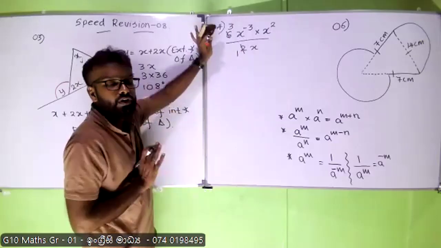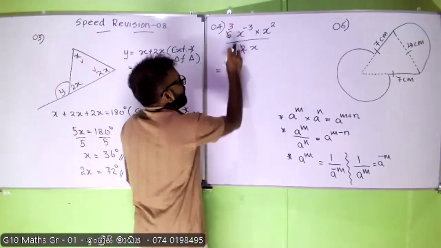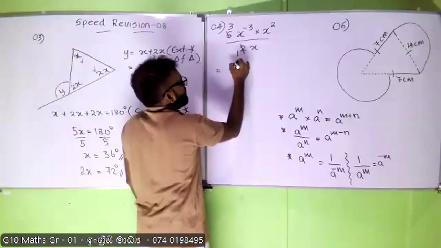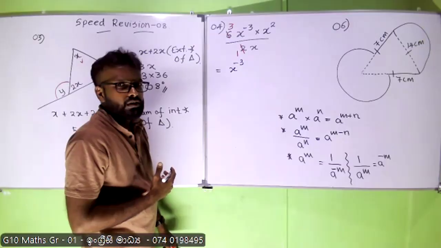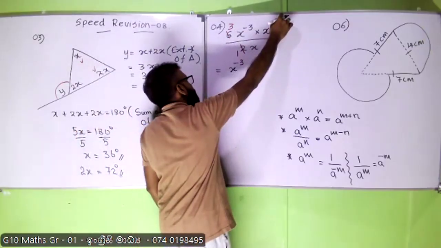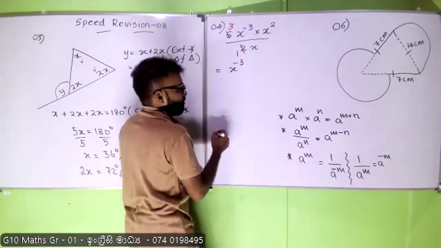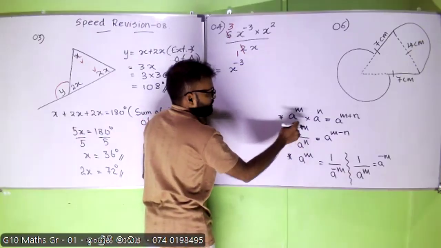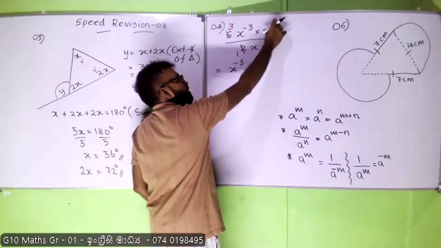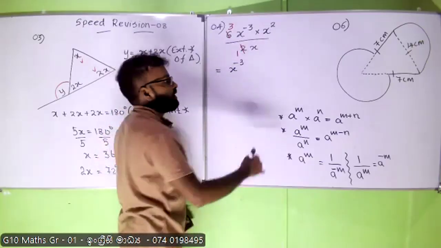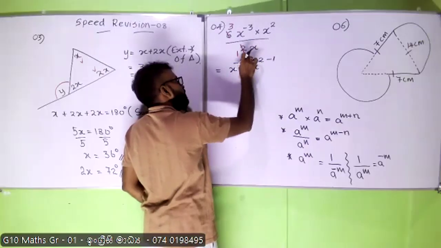So first of all, simplify by numerical values. Here I have x to the power minus 3, and in the denominator I have an x term. I can take it up, using one of these two methods, or I can use a to the power m divided by a to the power n: x to the power 2 divided by x, which is x to the power 2 minus 1, because the power of this is 1.